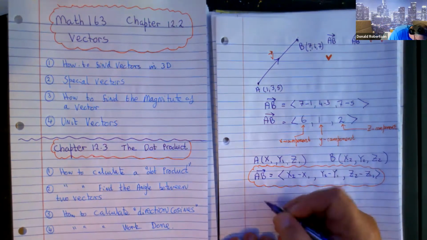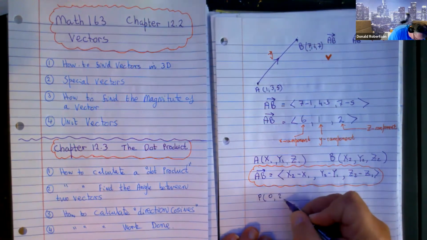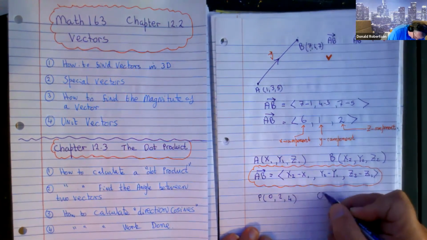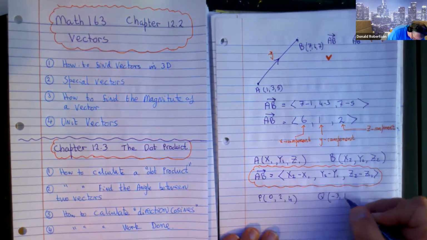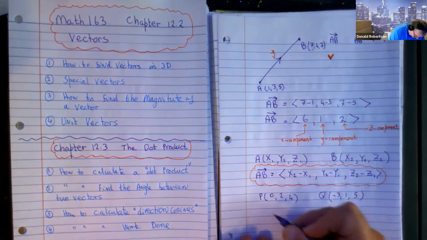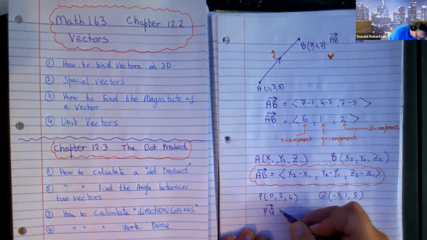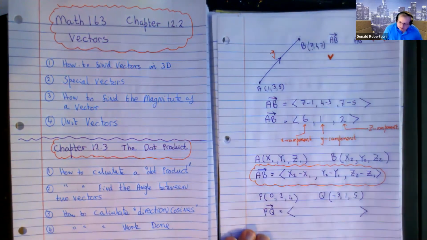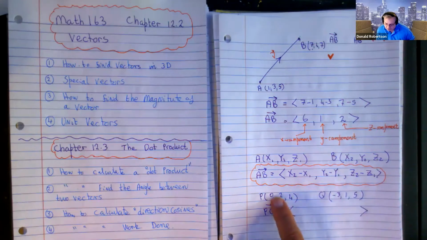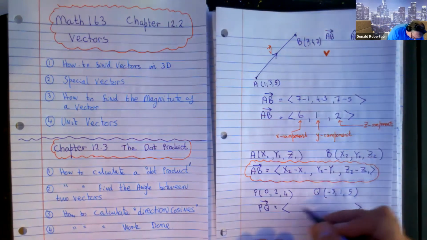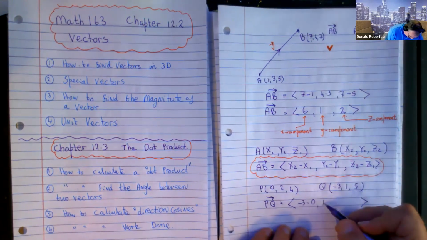So you might get a question that looks something like this. P is the point 0, 2, 4. Q is the point -3, 1, 5. And you're being asked to find the vector PQ. The way I typically do these is I just say to myself, second, take away the first. So -3, take away 0, right? 1, take away 2.